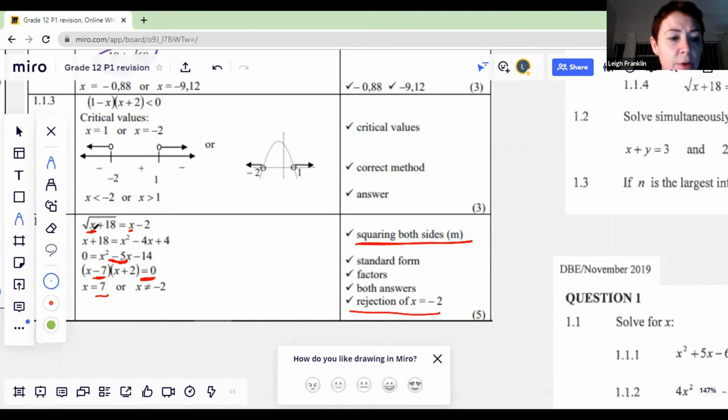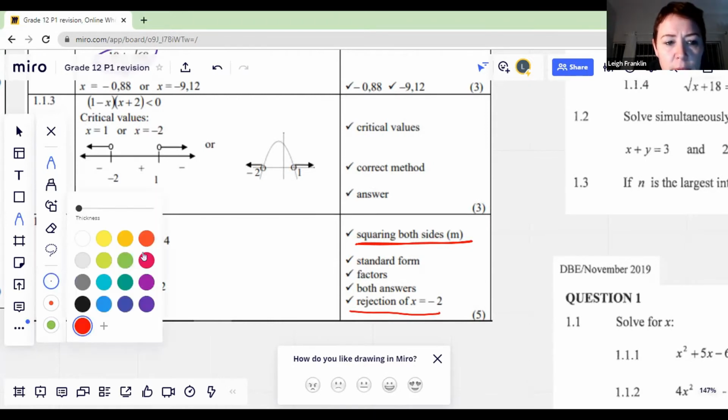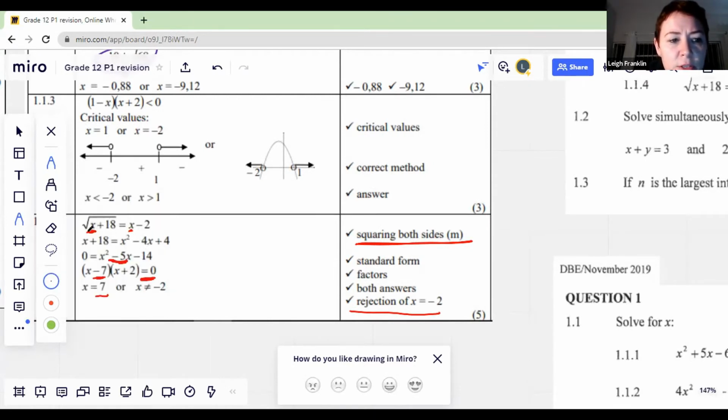You shouldn't get an error, Karabo, because if it was just -2 on its own, you would. But can you see here, you've got the plus 18? So you're going to sub in the -2, and then you're going to say plus 18, and that's going to give you the square root of 16. It's going to give you 4. Quite right. Okay. Good. Perfect. Well done, Luyanda.